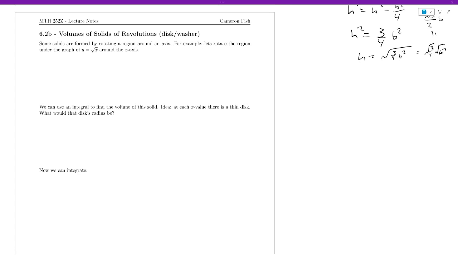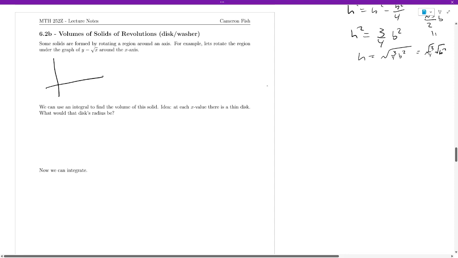These are a little bit harder to picture, but the idea is I'm going to take a region, a 2D thing, and I'm going to swivel it around one of the axes, and that's going to generate a 3D shape. So for example, let's take the graph of y equals root x. Let's just say we're going up to 1 here.